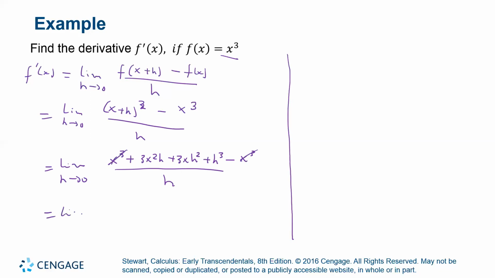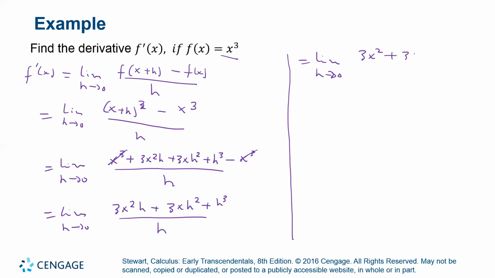So you have the limit as h goes to 0 of 3x squared h plus 3x h squared plus h cubed, divided by h. If you divide each term by h, we have the limit as h goes to 0 of 3x squared plus 3xh plus h squared.